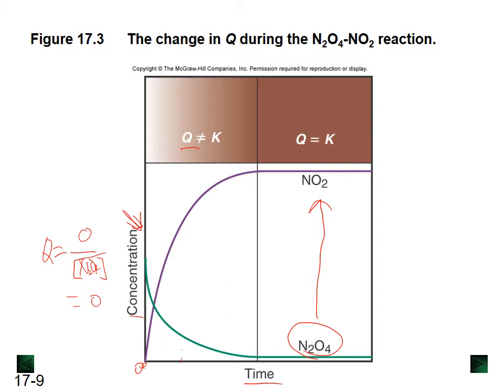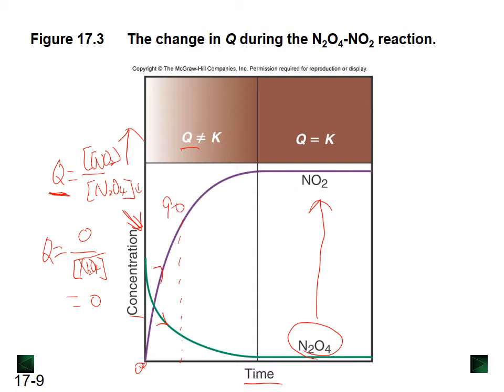Now, at a certain time, you see the concentration of product increase and the reactant decrease because the reactant is consumed, so Q, the concentration of product divided by the concentration of reactant, increases. For example, at the beginning it is 0, and then you get, let's say, 90.